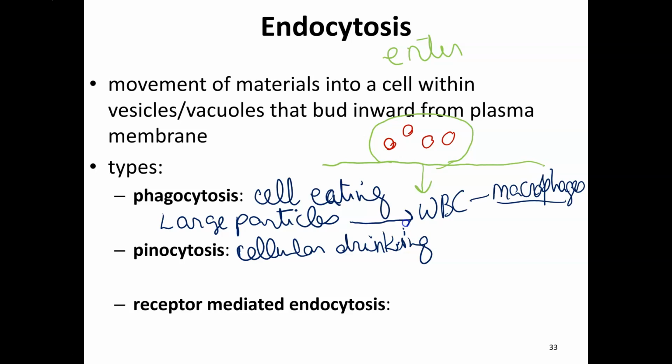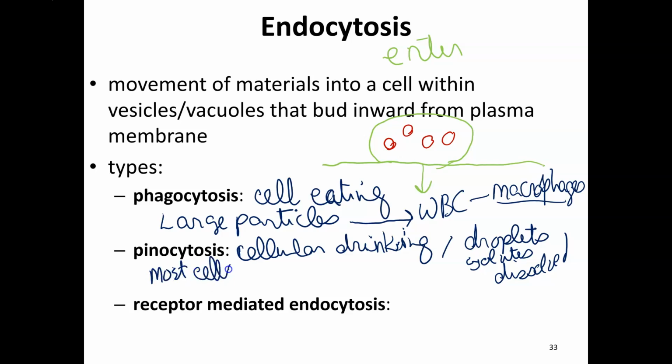So in this case, we're talking about small droplets of liquid that are pulled in, and dissolved in those droplets are tiny solutes. And so this can occur in most cells. So again, in our body, almost all of our cells can undergo pinocytosis, but very few can undergo phagocytosis.